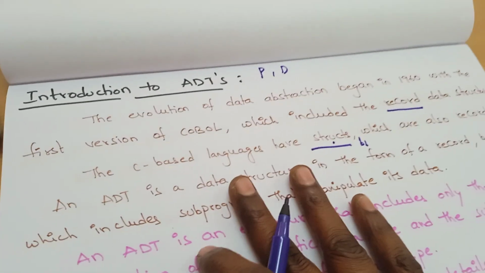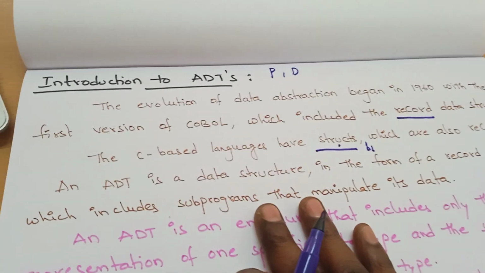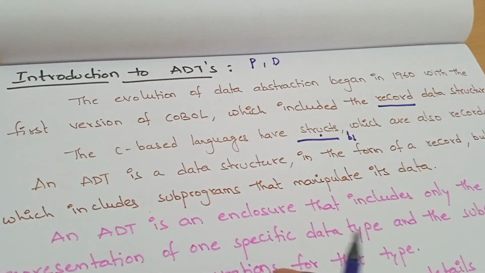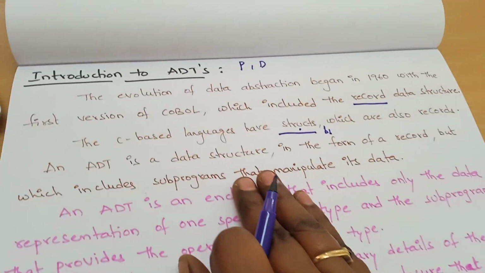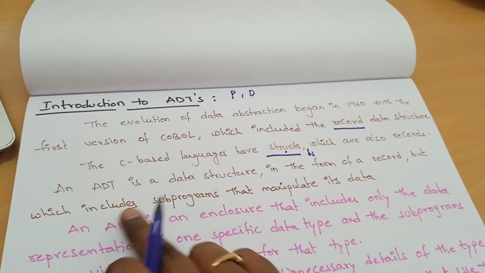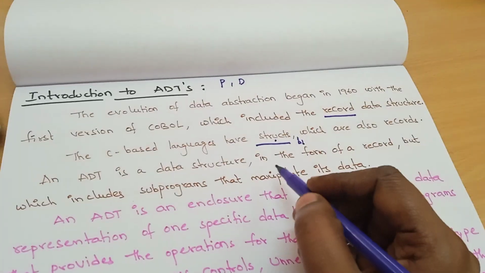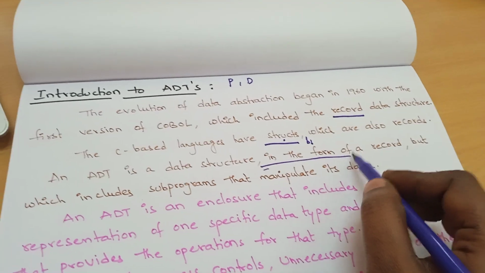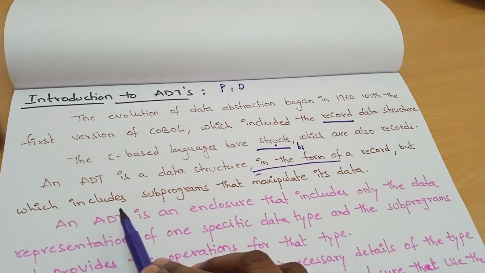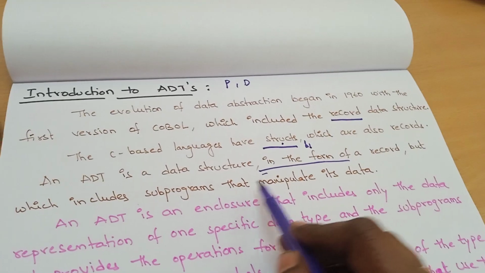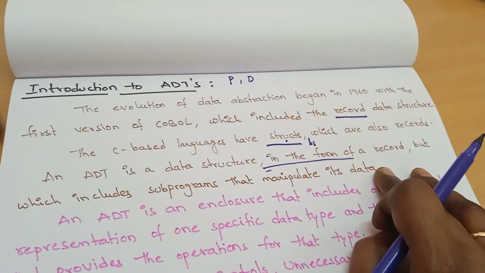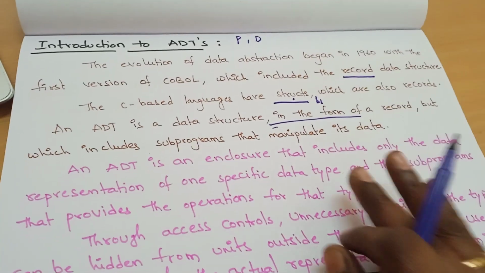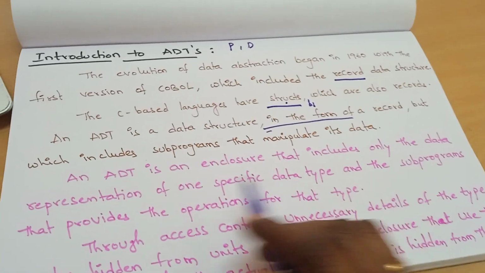Now, we'll give a definition of what exactly an ADT is. One formal definition, one syntactical definition. The formal definition is: an ADT is a data structure in the form of a record, but which includes subprograms that manipulate its data. And one syntactical definition is also given for an ADT.